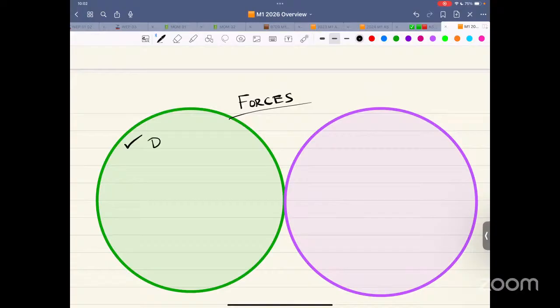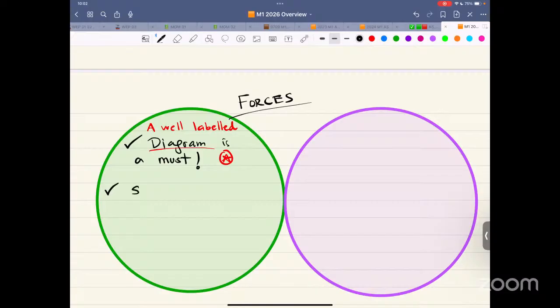That is, a diagram is a must. A well annotated, labeled diagram is a must. Without it, don't expect a nice grade.